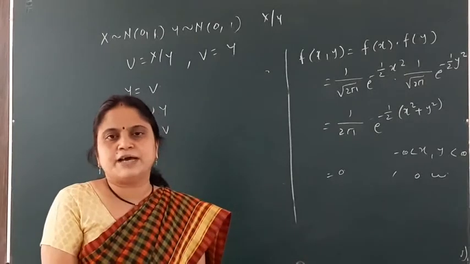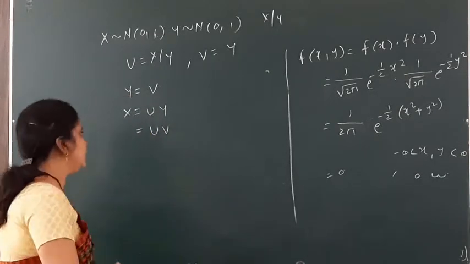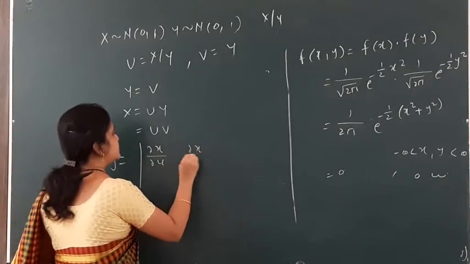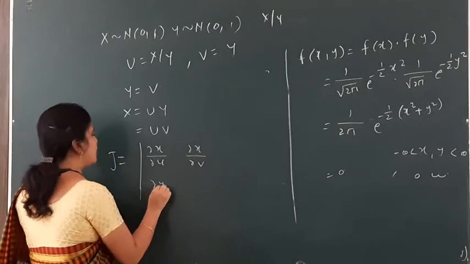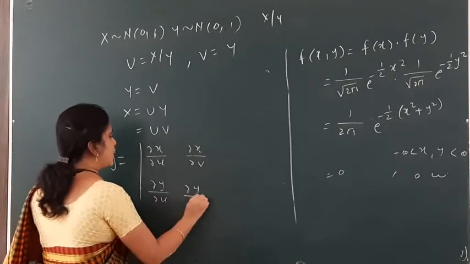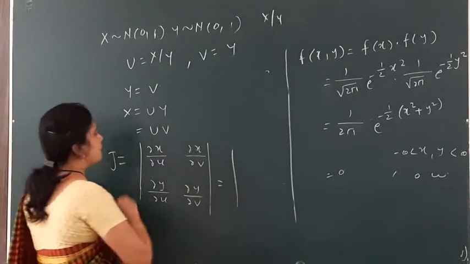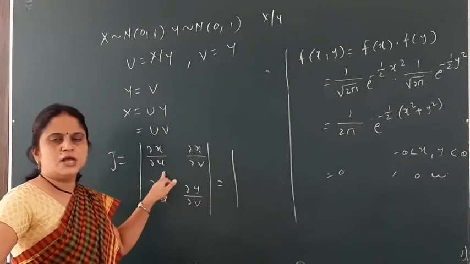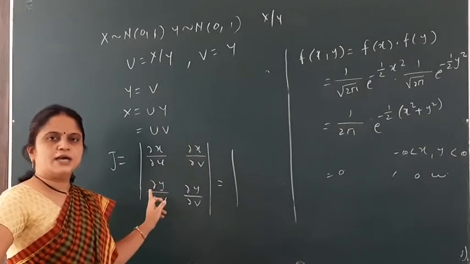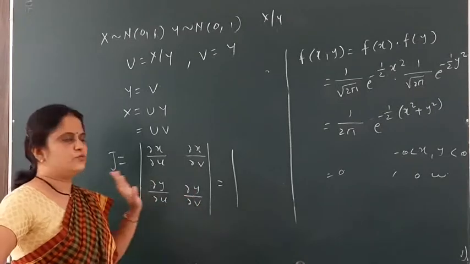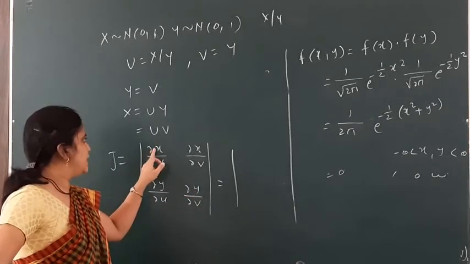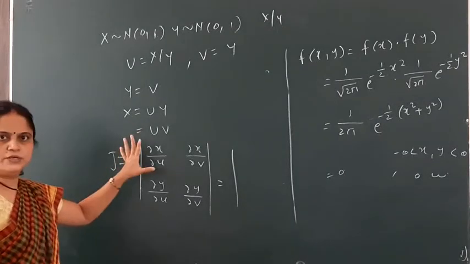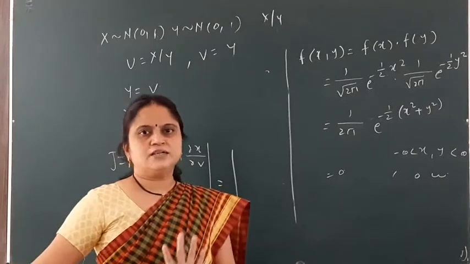Now in the second step, I need to find the Jacobian J, and the Jacobian J is the determinant of partial x by partial u, partial x by partial v, partial y by partial u, partial y by partial v. I need to find the partial derivative of x with respect to u, x with respect to v, and y with respect to u and y with respect to v. Since it is a partial derivative, the second term is constant.